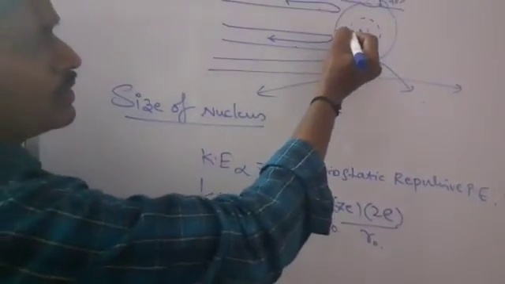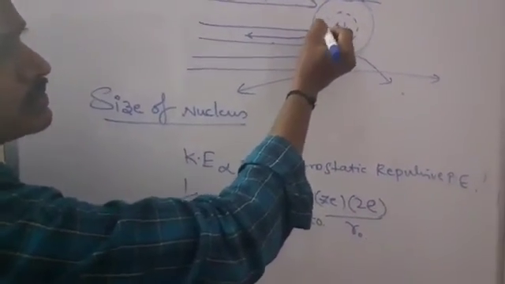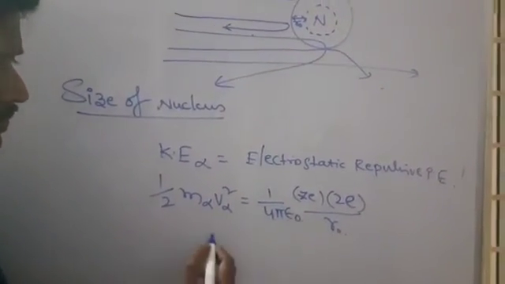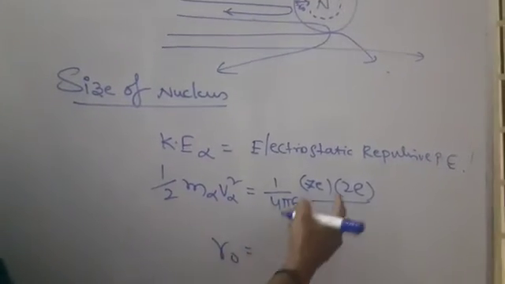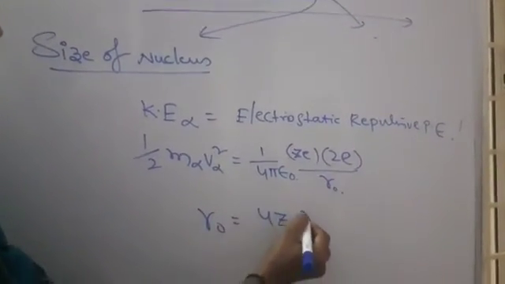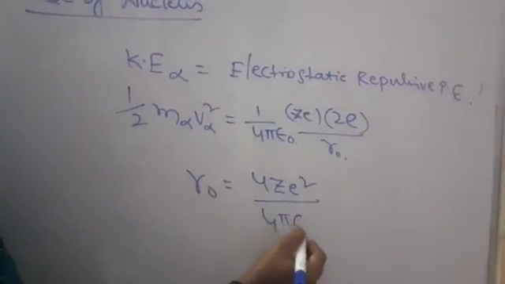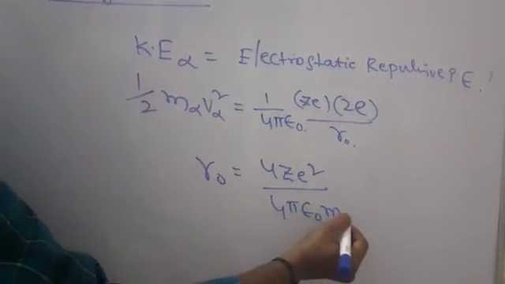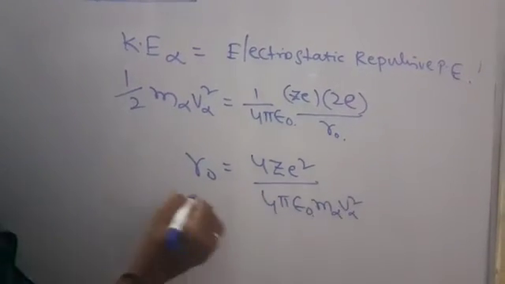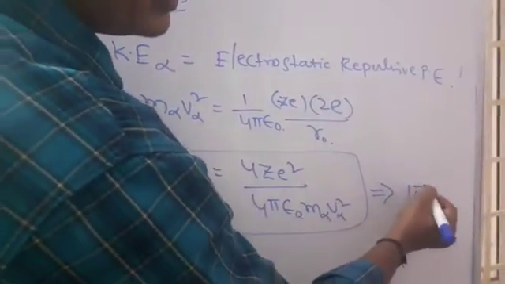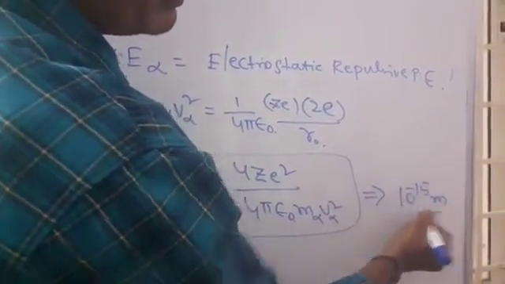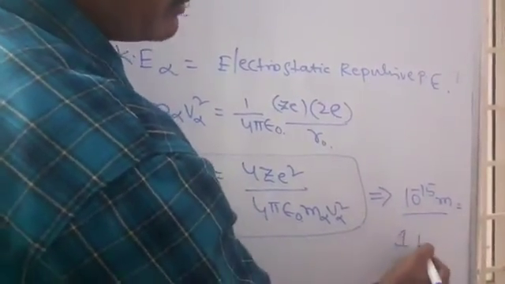Here r naught is the closest approach. Therefore r naught is equal to 2 Ze squared divided by 4 pi epsilon naught m alpha v alpha squared. This value is calculated as 10 power of minus 15 meters, which is equal to 1 Fermi.